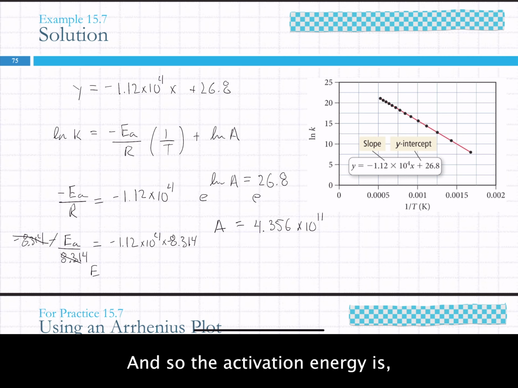And so the activation energy is not negative. It's 93116.8, and the units here are going to be joules.